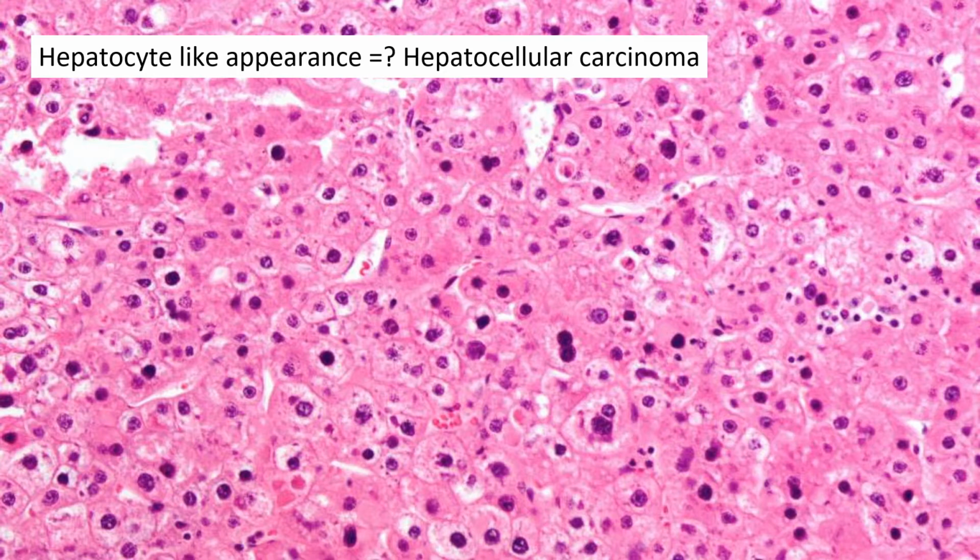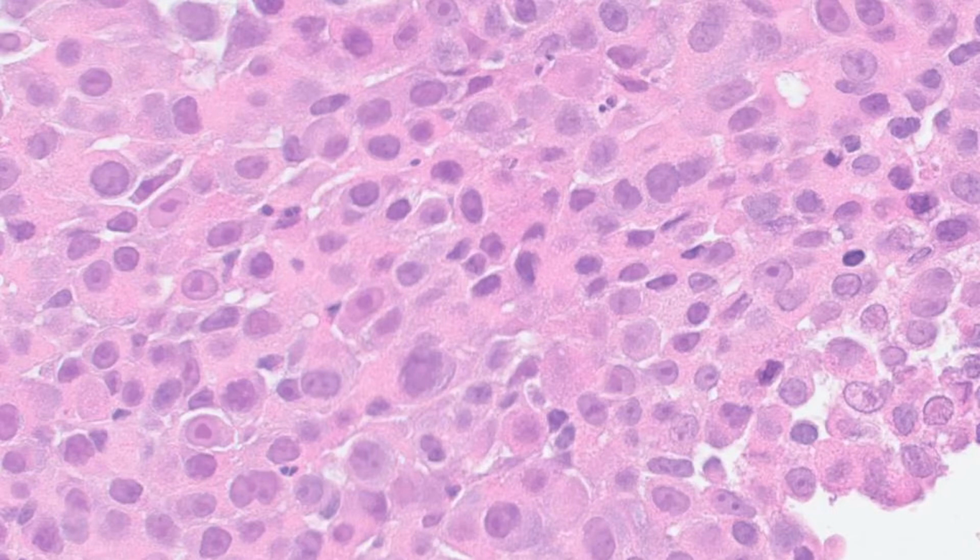But I can tell you from long experience that not everything that looks like a hepatocyte ends up being hepatocellular carcinoma, and often we'll use the word hepatoid to describe that phenomenon where the cells look hepatoid, but it isn't quite a hepatocellular carcinoma.